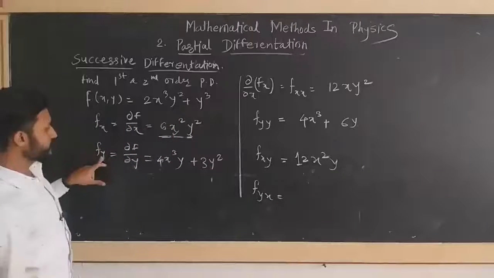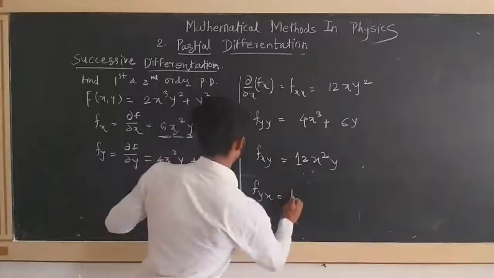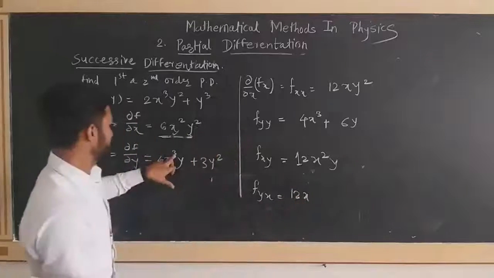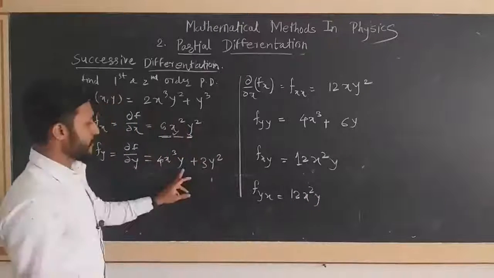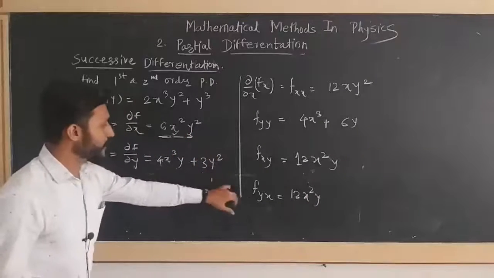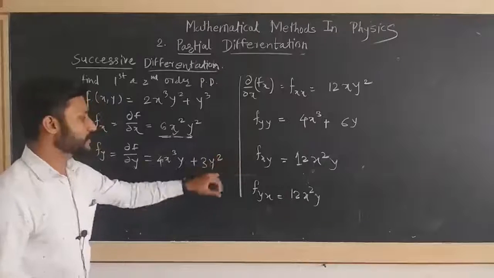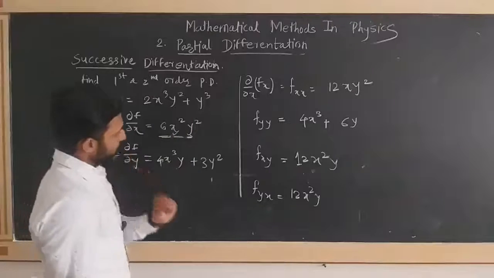So fy is a function of x. So differentiate fy with respect to x. 12x²y. Okay, and we are differentiating this fy with respect to x. So y is a constant term, so no need to differentiate it.